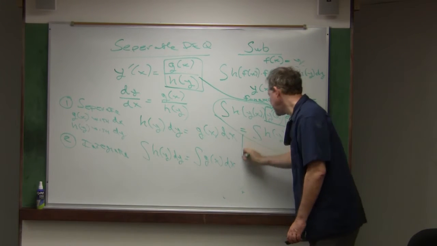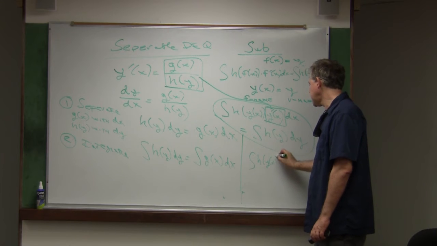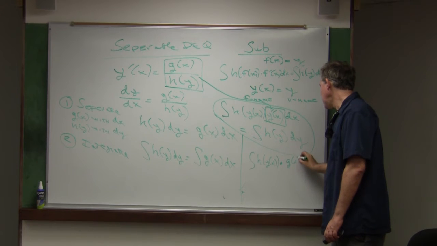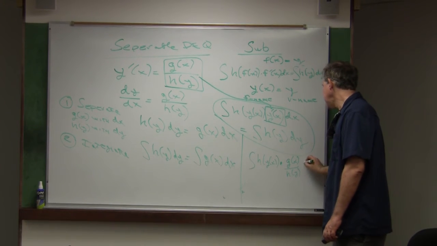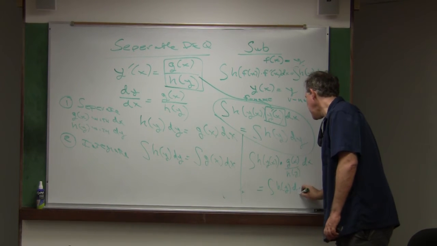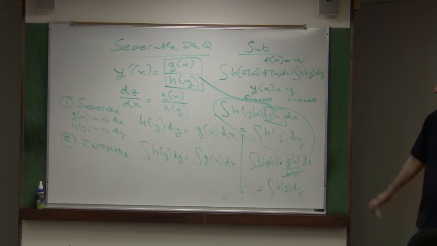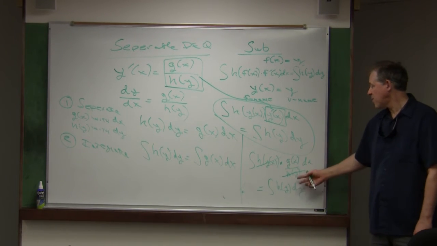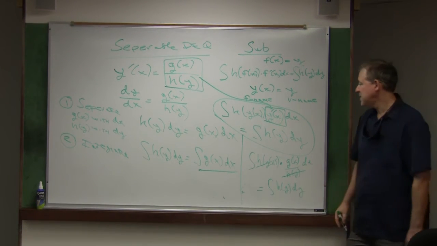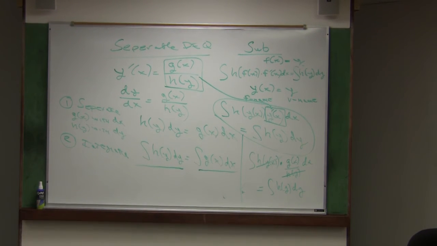I get the antiderivative of h of y of x times g of x over h of y dx is equal to the antiderivative of h of y dy. Well, these are just canceling because they're the same thing. Remember, y is a function of x, so h of y of x, h of y of x, they're canceling, and you get the antiderivative of g of x dx is the antiderivative of h of y dy. That's why it works. It works because of the substitution rule.